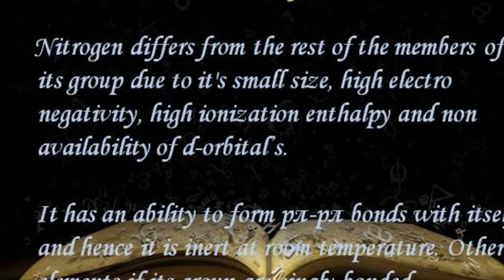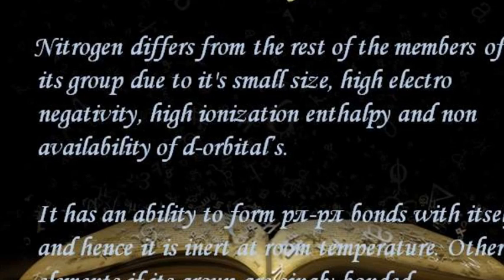Next, in anomalous behavior, that is absence of d orbital. Nitrogen does not have d orbitals, while the other elements of the group have d orbitals. So the non-availability of the d orbital is the anomalous property of nitrogen from the rest of the members.